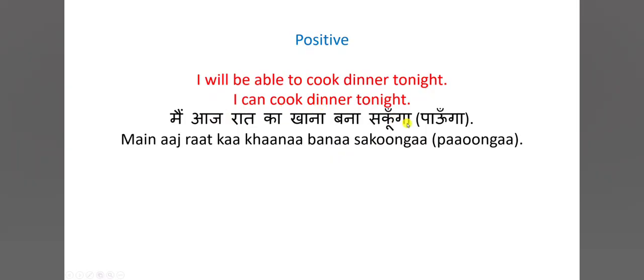It is a one-time action. I can cook dinner tonight. मैं is I. आज is tonight. रात का खाना is dinner. बना is cook. Sakunga is can. Next.